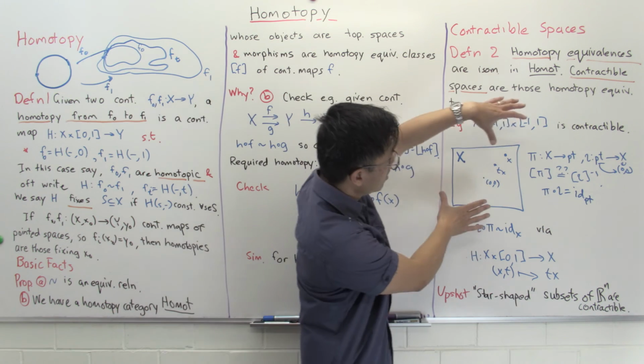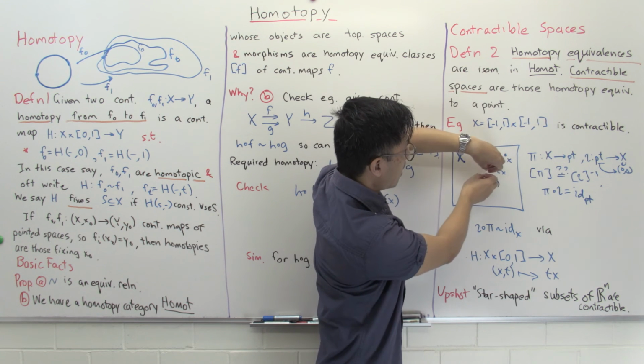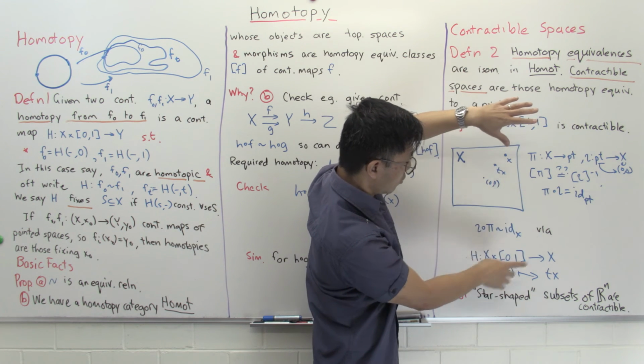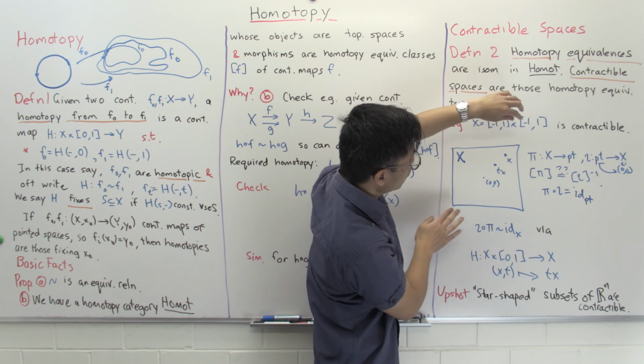Now at time t equals 0, every point gets shrunk to 0. At time t equals 1, you just multiply them by 1, so you just get x maps to x, that's the identity. And in between you scale by t.